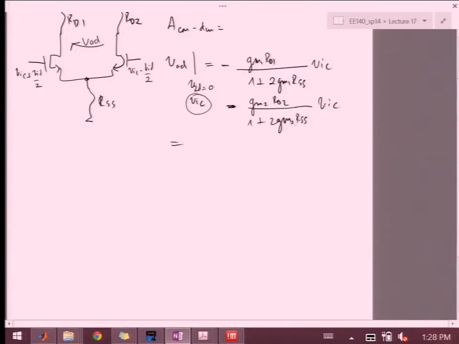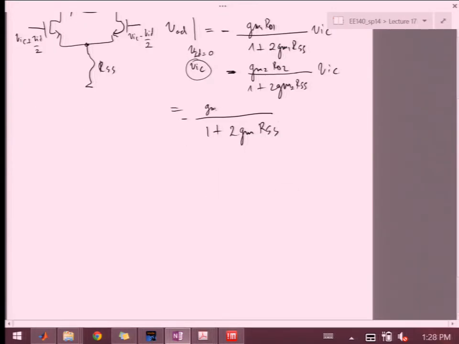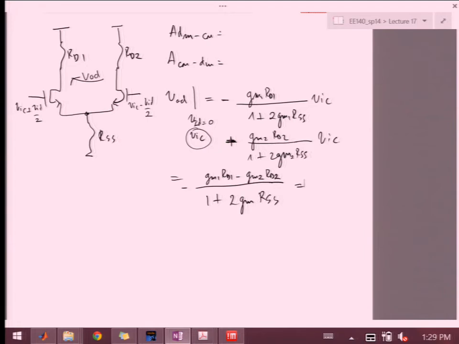I'll assume that the changes between these two is the same, so I can have the same denominator. I'll call it sort of the averaged GM. But at the top, I'll just keep the difference. This is actually plus GM2 into RD2.